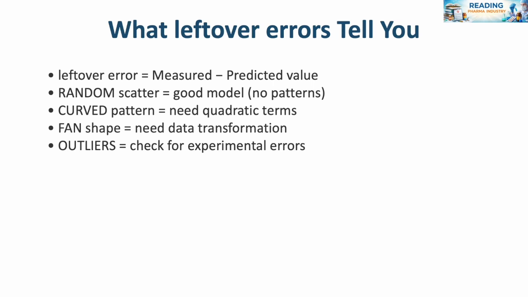If you have any pattern, like we mentioned, something curved or a fan shape, that means there is a drift from the model that you're using. And we are using regression analysis, assuming we have linear regression fitting.